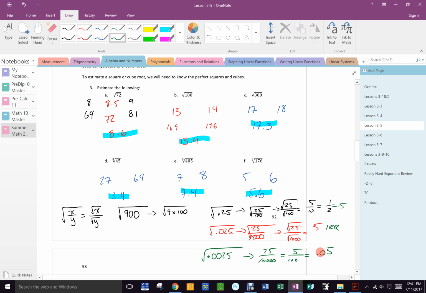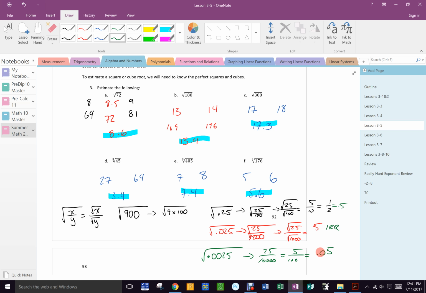Why? What is different here, here, and here? The amount of, not zeros, decimal places. 2, 4. They both worked. 3 didn't.